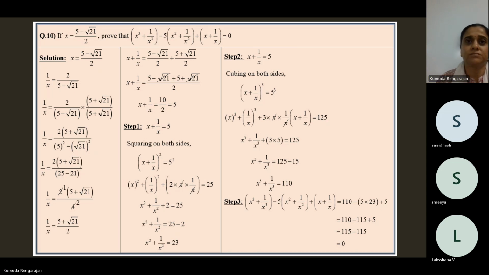Surya? No. Online children? Expand a plus b the whole cubed.